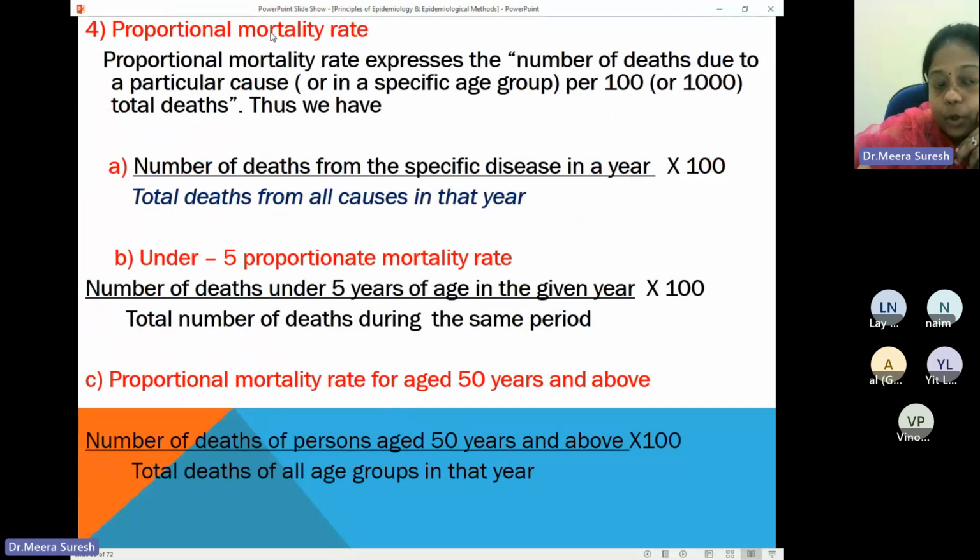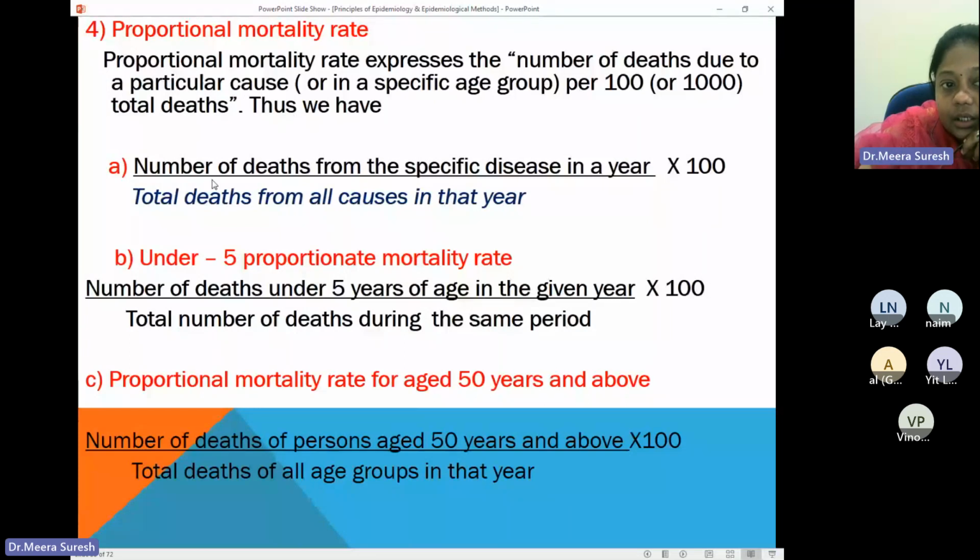Then we have proportional mortality rate. Proportional mortality rate can be, for example, under 5 proportionate mortality rate, or the mortality rate for age 50 years and above. Like that it will go. So proportional mortality rate expresses the number of deaths due to a particular cause or in a specific age group per 100 or even 1000.